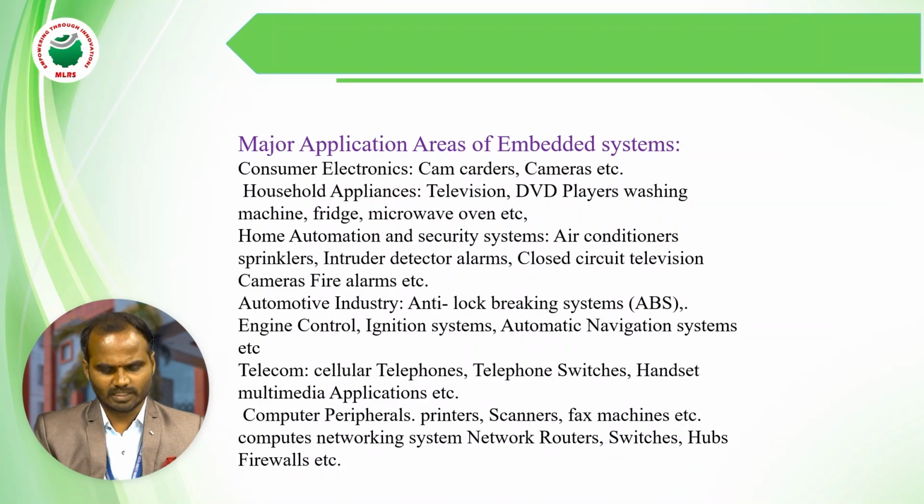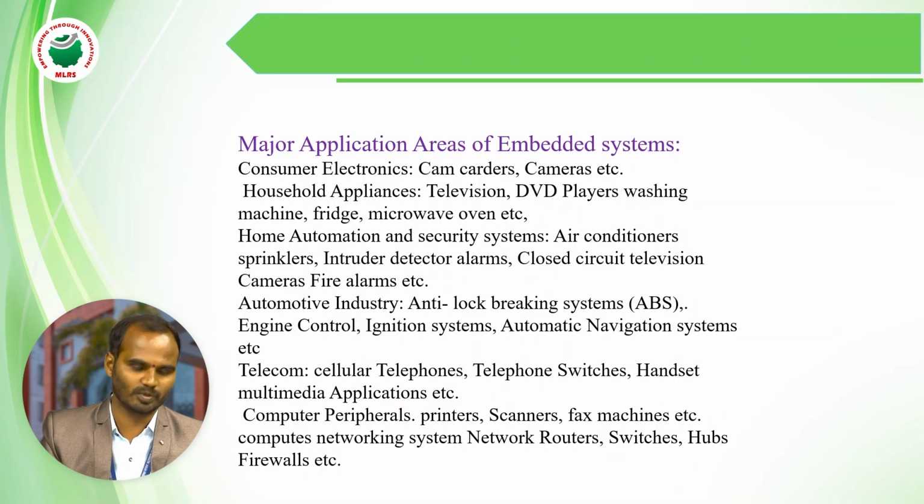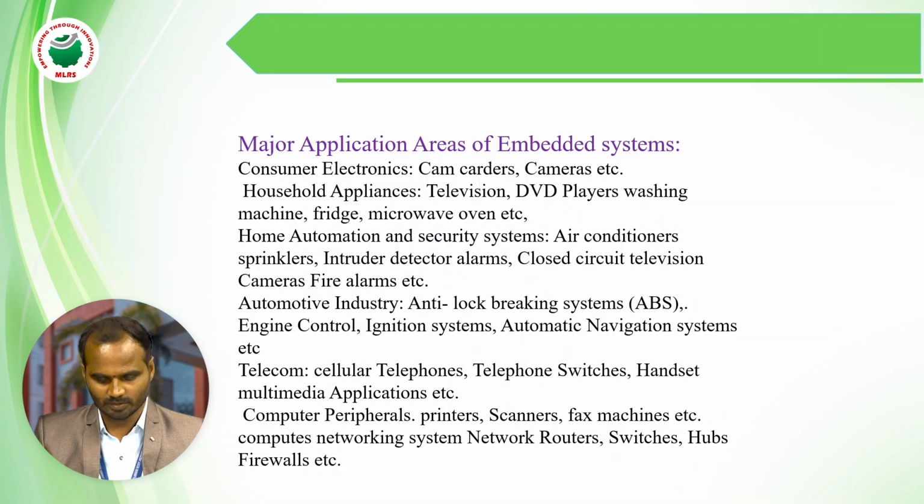Like that, home automation and security systems include air conditioners, sprinklers, alarms, smoke detector alarms, closed circuit televisions (CCTV), cameras, and fire alarms. Then the automotive industry, which we use in daily life.